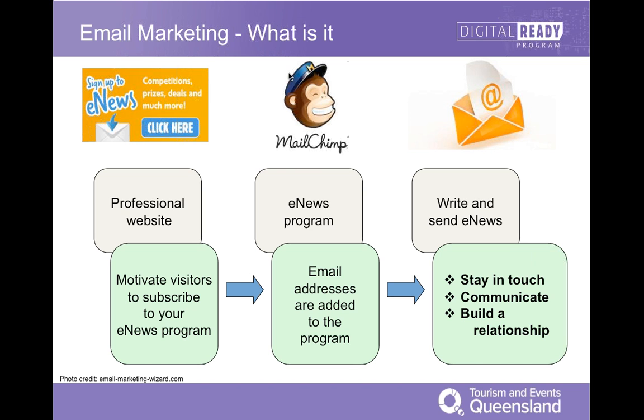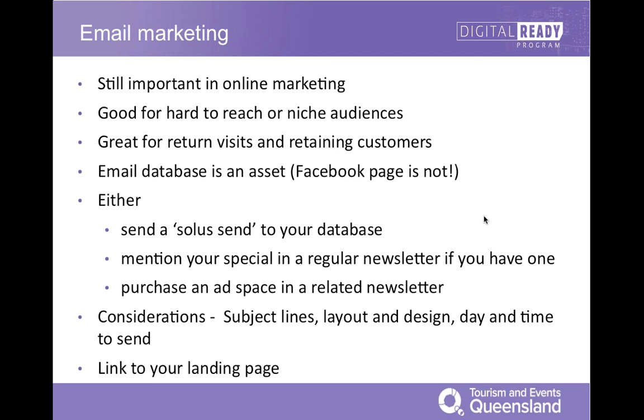I'll show you a couple in a minute. Using an e-news tool, and you can add that to your tool, and then you would send out e-news or your news about your offer or your campaign or whatever, and that would appear in someone's inbox, and they would hopefully open up your email, click through to your website, and buy something from you. So email can be remarkably effective.